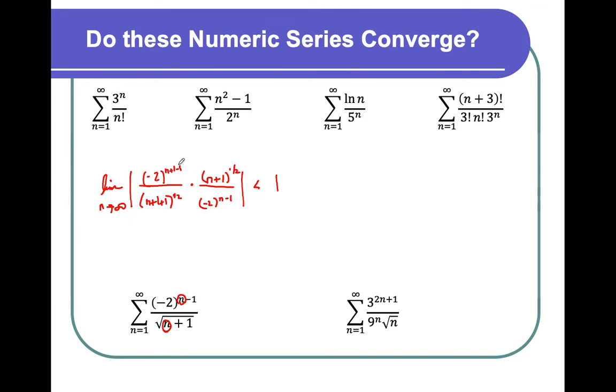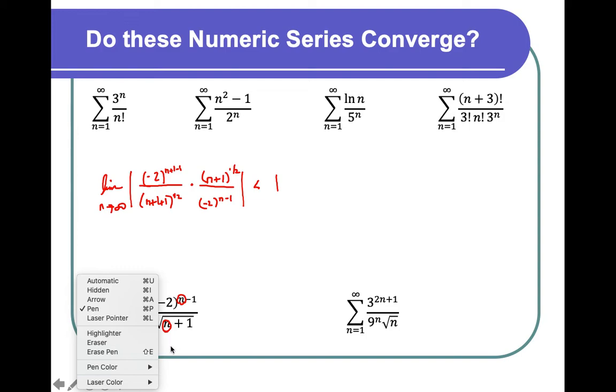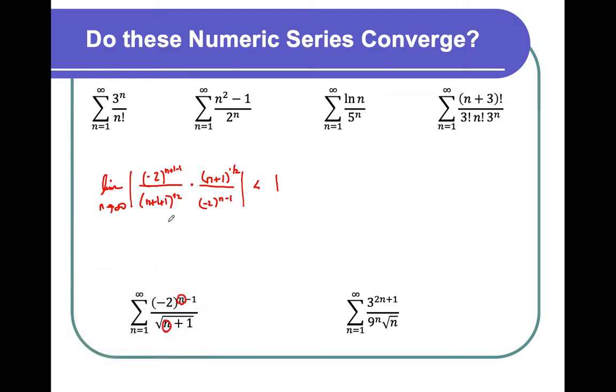So firstly, do you see that this is just an n, right? Right, this is just -2 to the n. And then what is this? This is -2 to the n, and this is -2 times -2 to the -1, right?